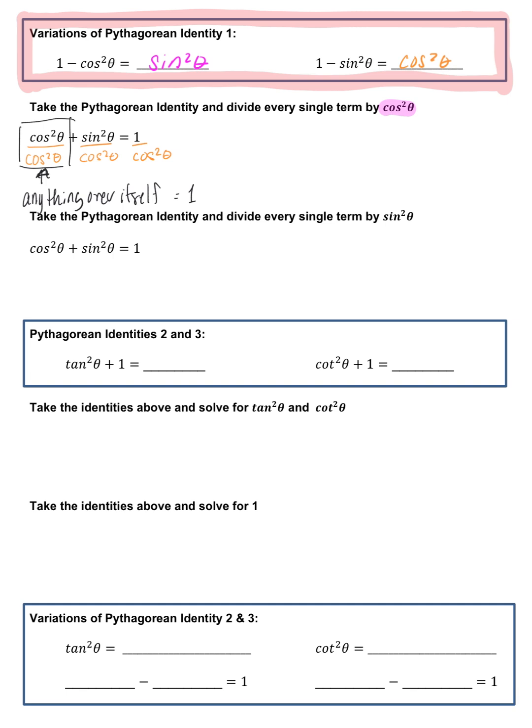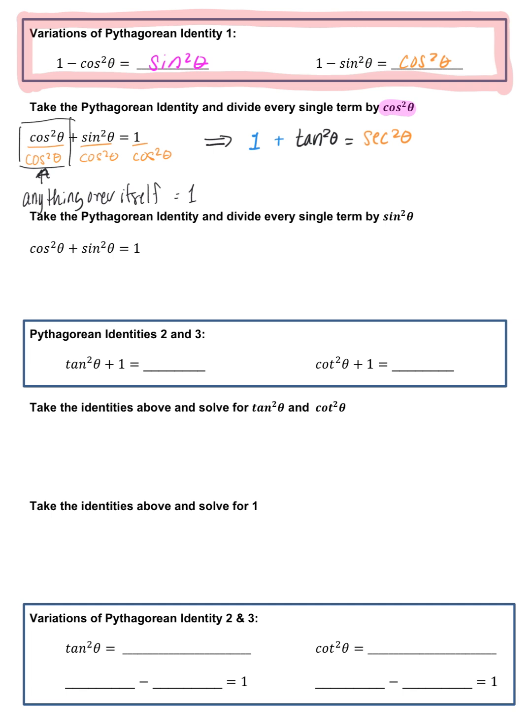So when I simplify this, cosine squared theta divided by cosine squared theta equals 1. Plus, well, what is sine squared theta over cosine squared theta? That's our tangent squared theta. And that equals whatever 1 over cosine squared theta is, which is our secant squared theta. Okay?